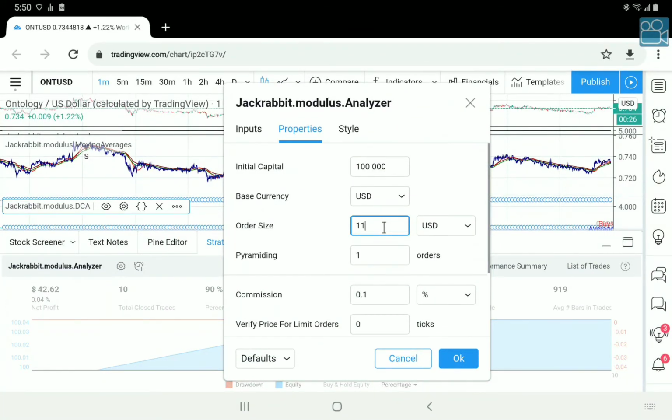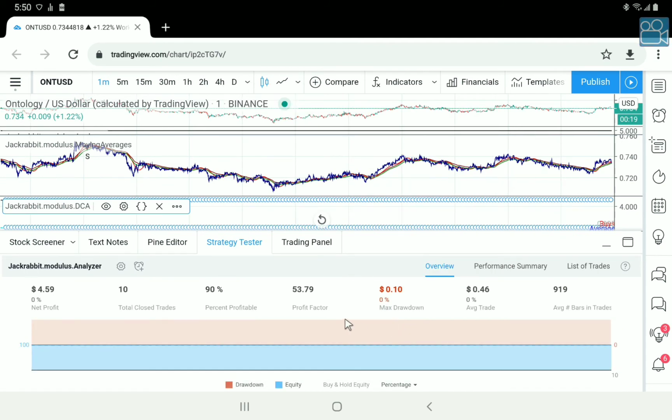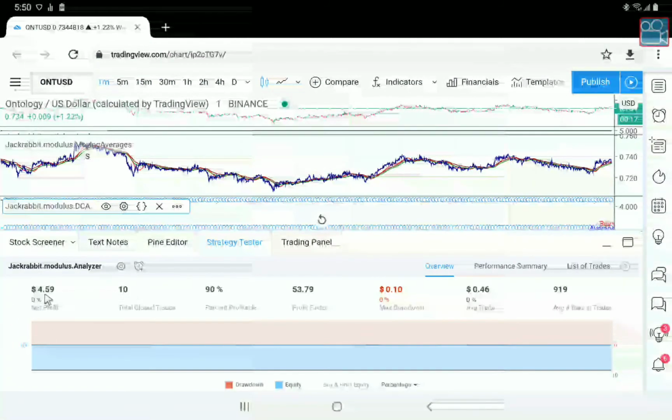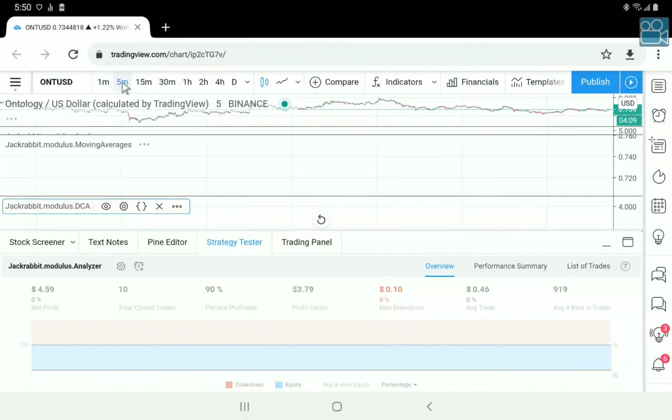But let's go down to 11. Let's really see. $4.59. That's not so good. So smaller budgets may not fare as well.